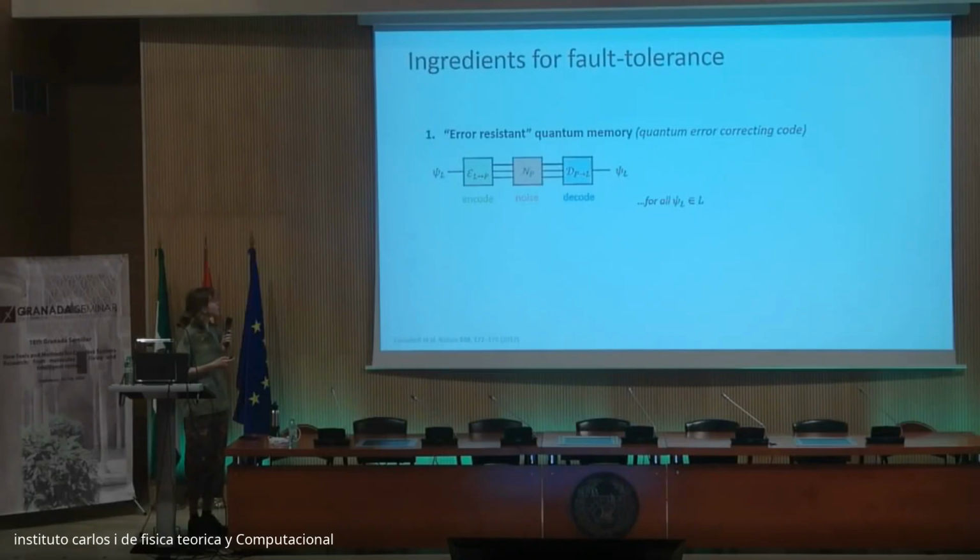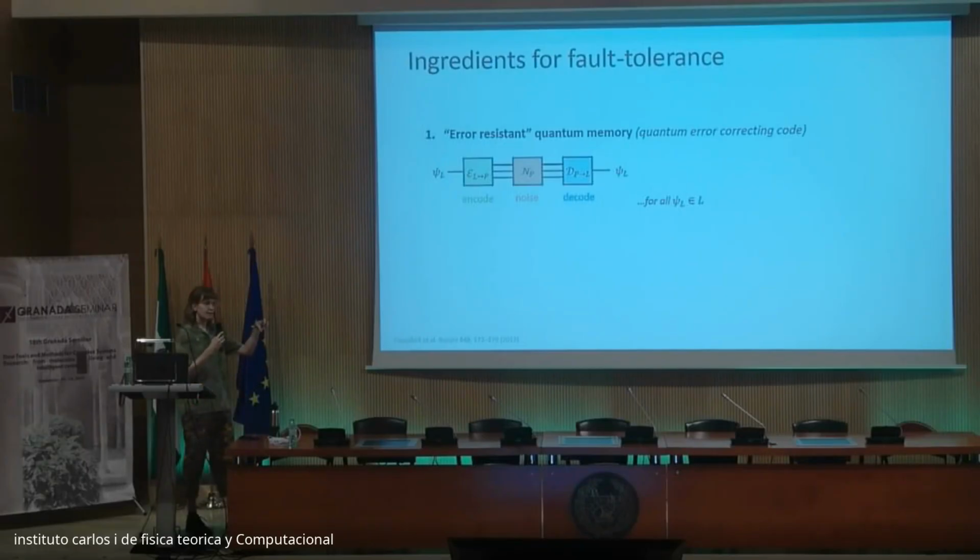What are the main ingredients that you need to build a fault tolerant quantum computer? The first ingredient is what you might call error-resistant quantum memory. You need to be able to store your information in what's called a quantum error-correcting code in such a way that when noise happens, you can correct those errors. Basically, you take your quantum state, your quantum information, and you map it typically to some highly entangled state over many physical subsystems.